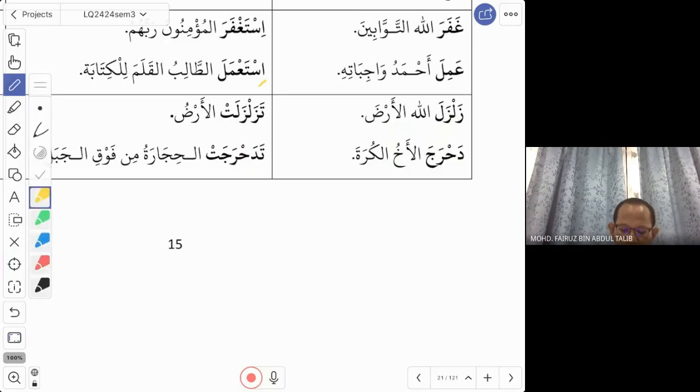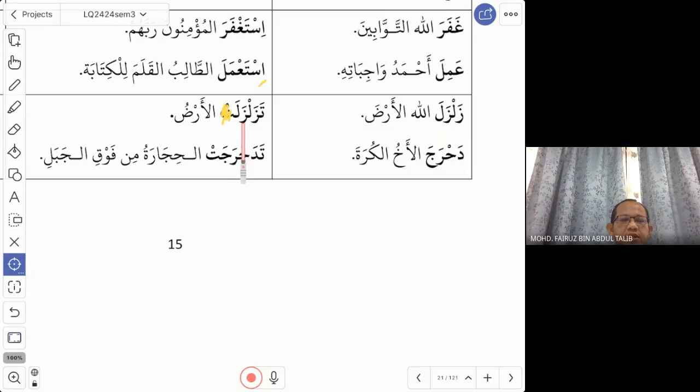Tazalzala, again, remove this last ta. The fi'l is tazalzala, and tazalzala means it trembles. So here, tazalzalatil ardu, the earth trembled. The earth had an earthquake. This is fi'l madi.